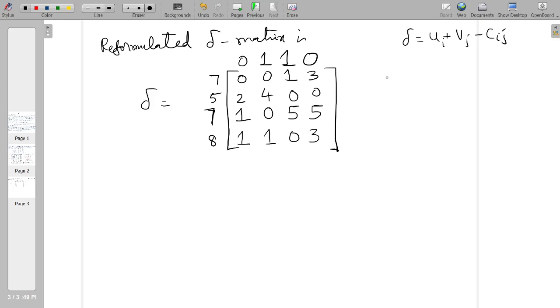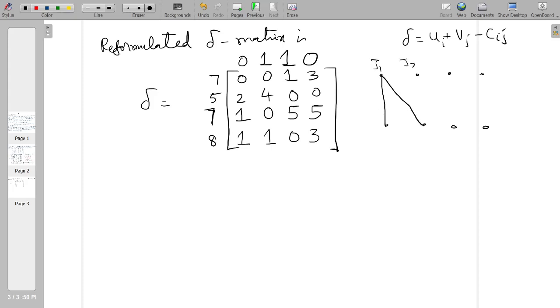What I do is I again draw the graph corresponding to the zeros available in the matrix. In the first row I have got two zeros, so J1 and M1 are assigned, J2 and M2 are assigned.